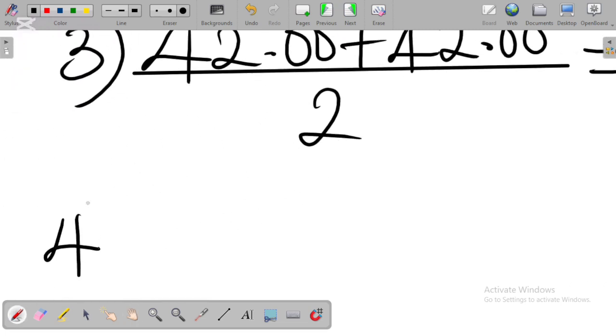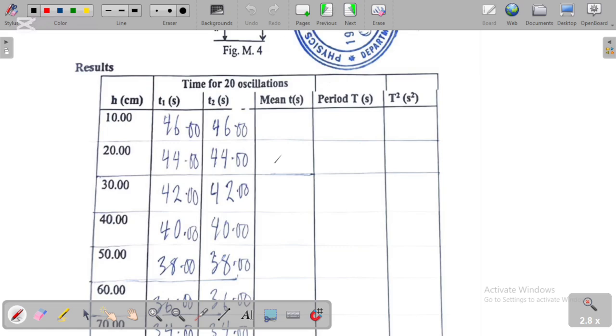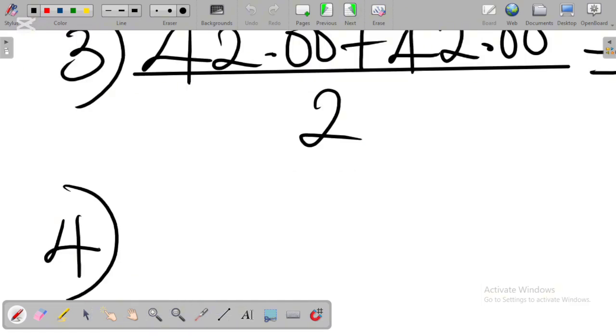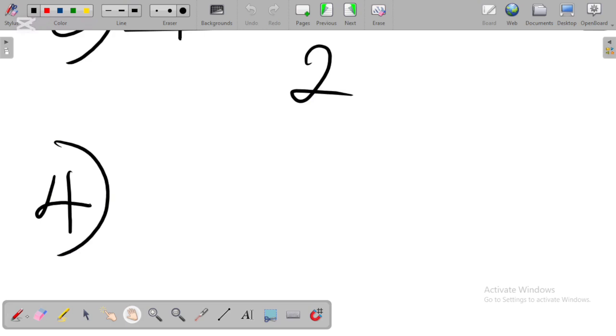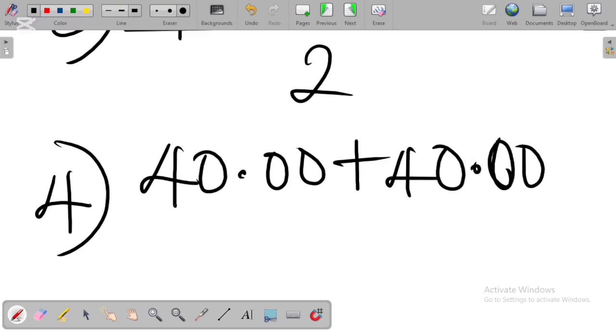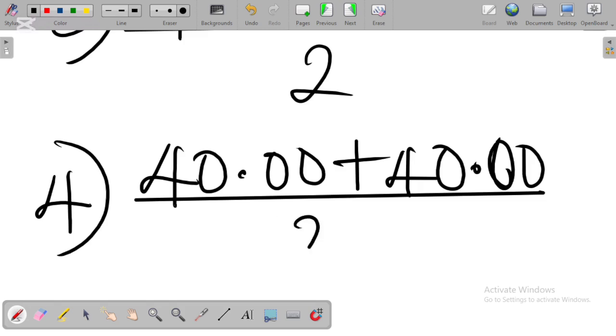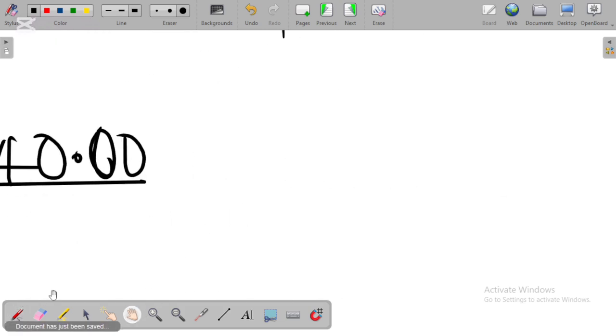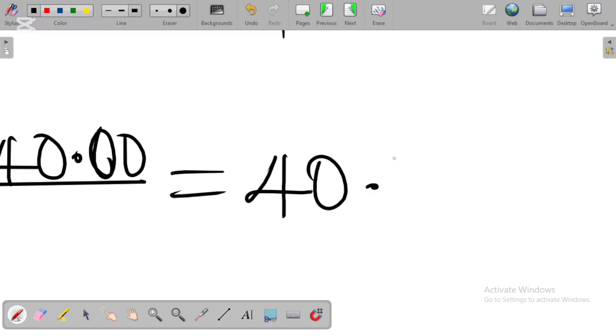Alright, let's consider the fourth one. For the fourth one here, we have 40.00 and 40.00. 40.00 plus 40.00, all divided by 2. So if you punch your calculator, it would give you 40.00.